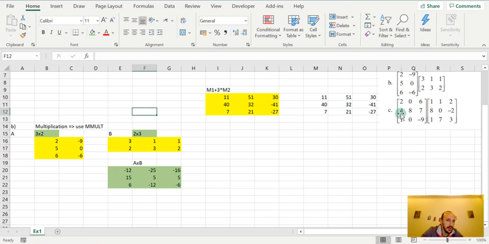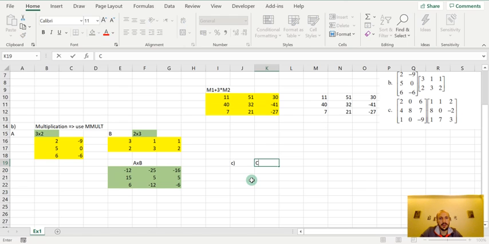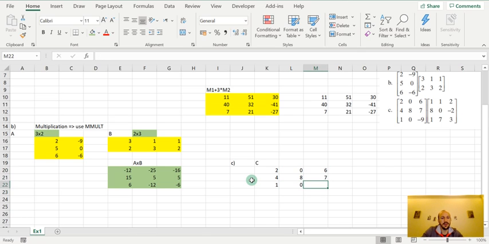Great, we have a third one, which is also a multiplication of two matrices. Here we have, let's say, matrix C is the following: 2 4 and 1, 0 8 and 0, and finally 6 7 and minus 9.